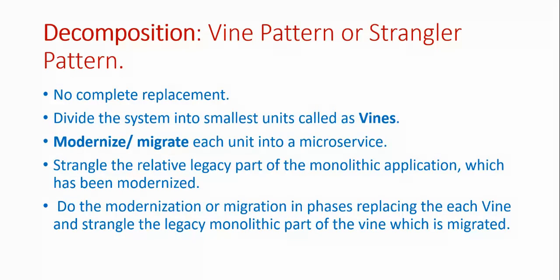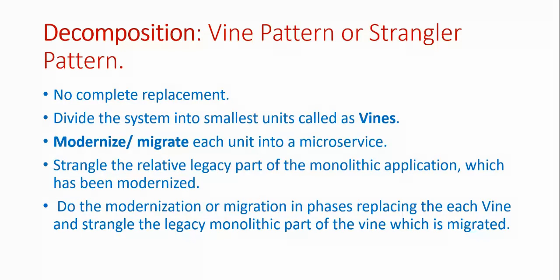To do that, first you will divide the monolithic application into smaller units called subdomains, which can also be identified as vines. Each vine will do some specific functionality. Take up each vine and migrate that part into a microservice. Then strangulate that particular vine from the monolithic application.